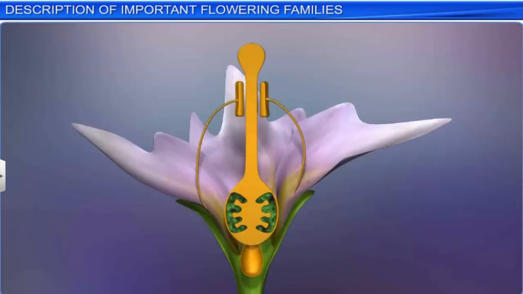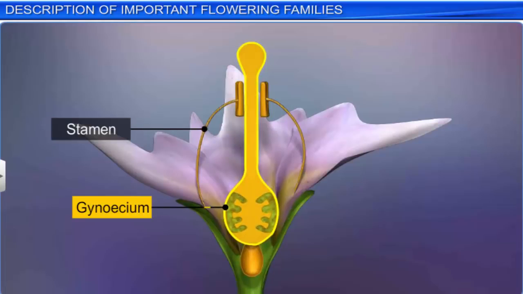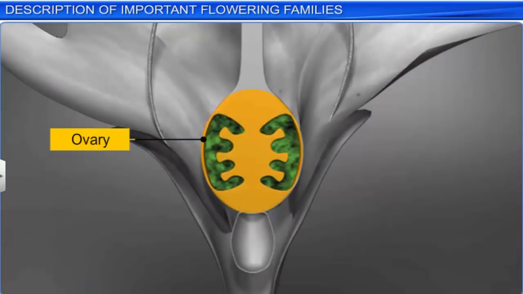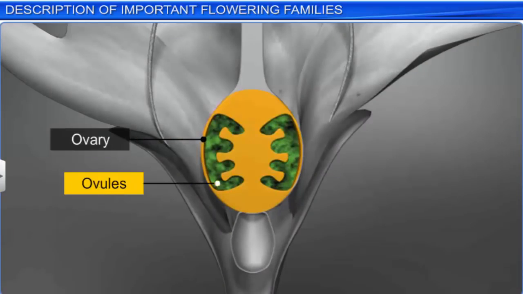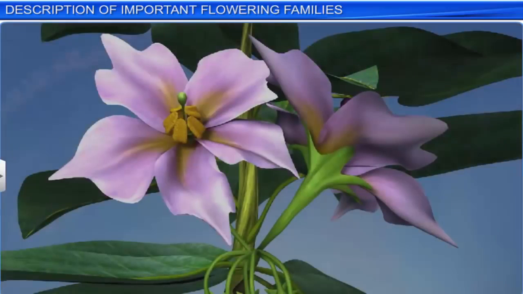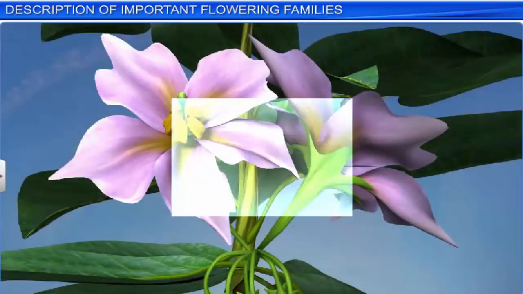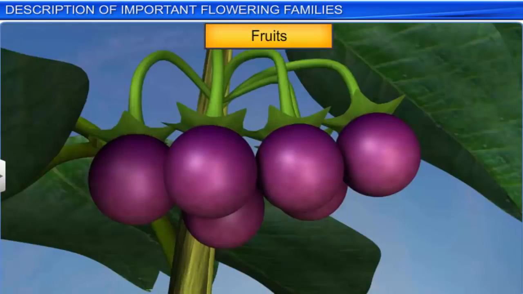In these plants, the androecium has 5 stamens and is epipetalous, and the gynoecium is bicarpellary and syncarpous. The ovary is superior and bilocular, and the placenta is swollen with many ovules. The fruits of these plants are berries or capsules with many endospermic seeds.